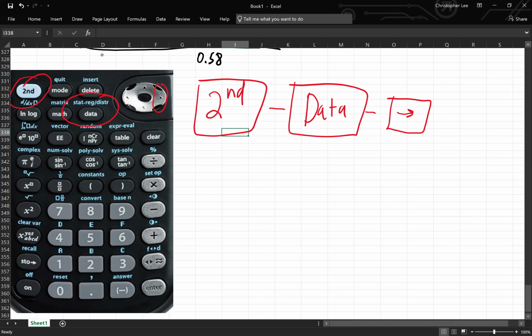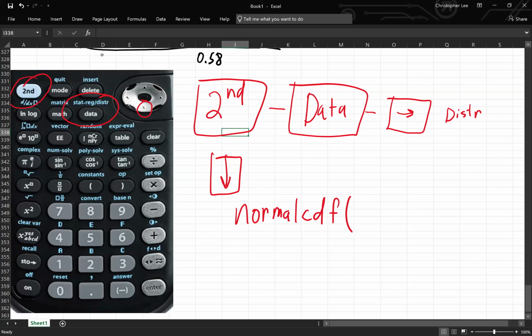Let me just write that real quick. And then after that, we want to go down, with the down button right here, to where it says normal CDF. That's what I'm looking for.